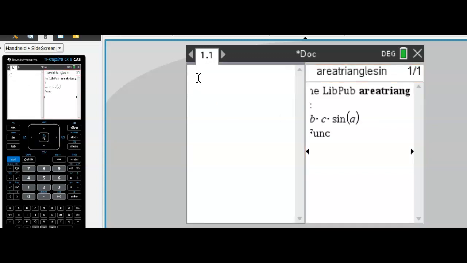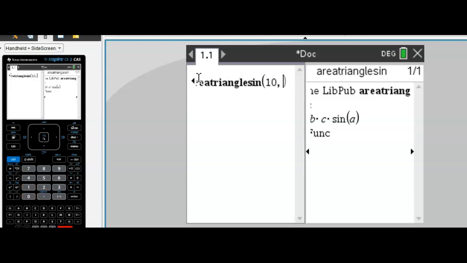All right, so on this side, what we need to do is put it in the formula, area triangle sine, that's what I did, and put the A on the end. And then we put the variables in. So I'm just trying to think of one that we would know the answer to.